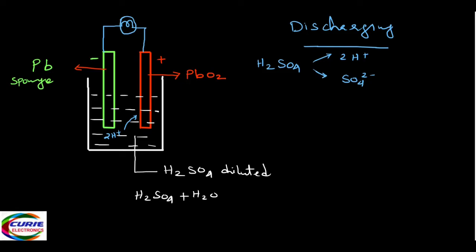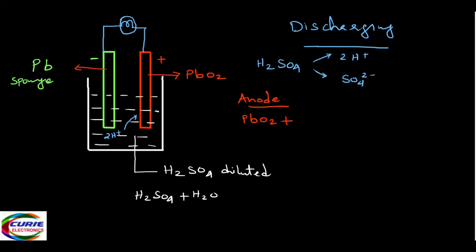So let's see what happens at the anode. What is the reaction happening at the anode? At the anode, we have lead peroxide, not oxide, sorry. The 2H plus ions move towards the anode and receive electrons from PbO2, lead peroxide, and become hydrogen atoms, and it will just stick to it.